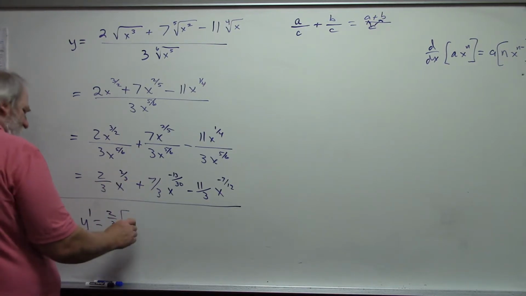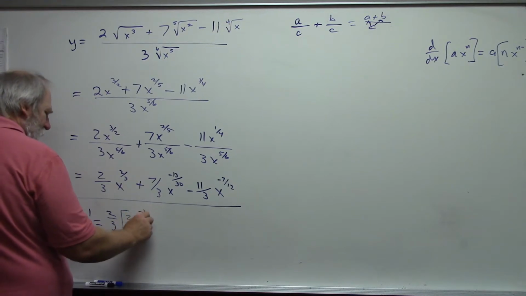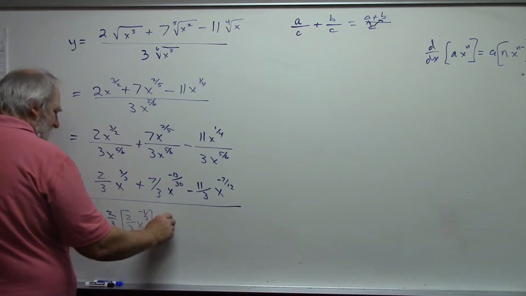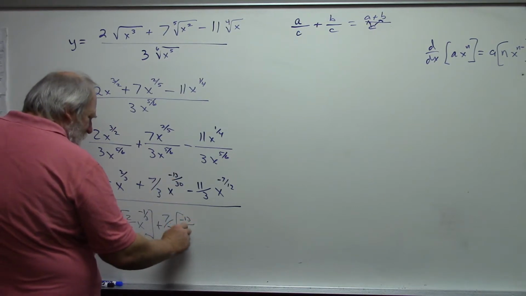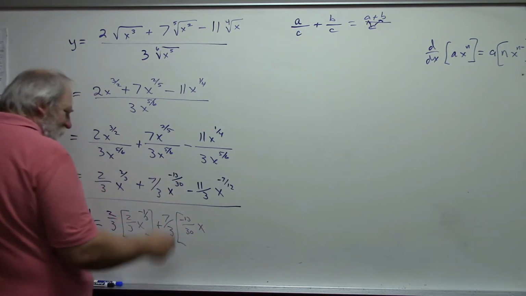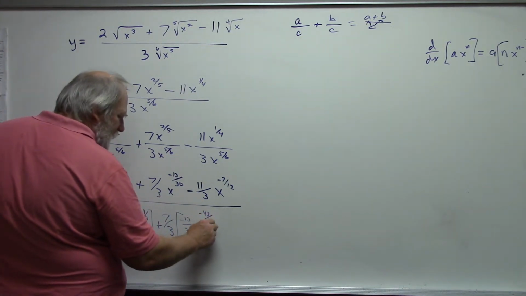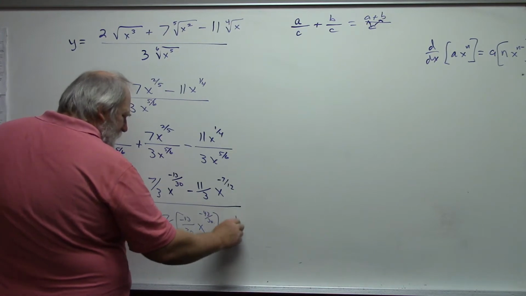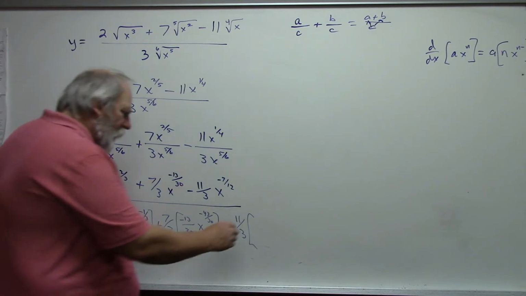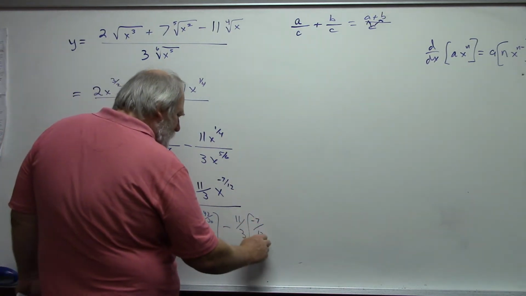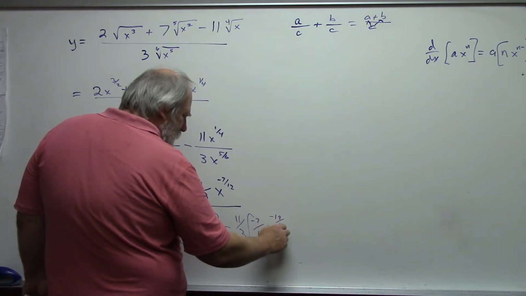The derivative of x to the 2/3 is 2/3 times x to the subtract 1, negative 1/3. The 7/3 stays. The derivative here is negative 13/30, x to the, and subtract 1, and I get negative 43/30. Minus 11/3, that stays. The derivative here, negative 7/12, x to the negative 19/12.